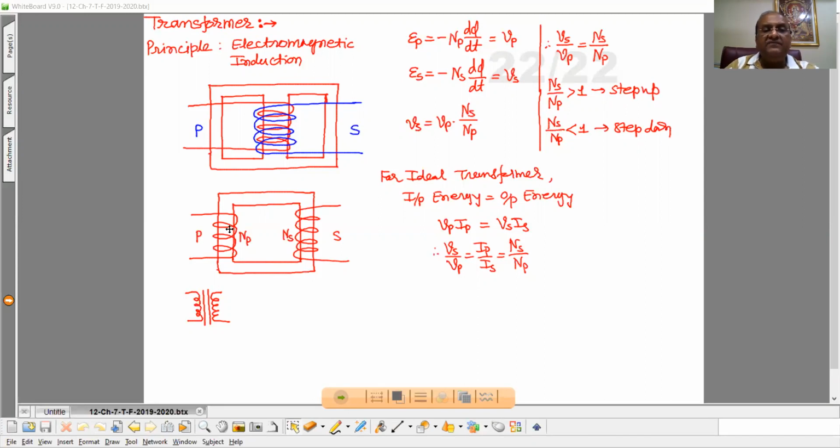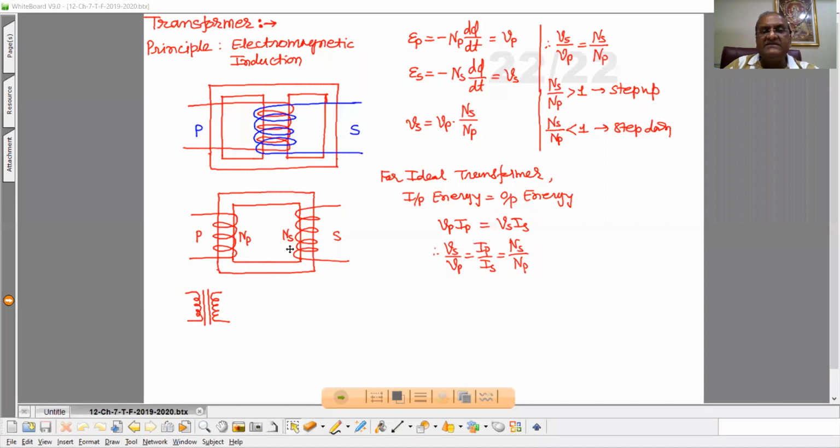So here if the flux associated with the primary coil is changing, then the flux associated with the secondary coil will change also, and therefore across two terminals of the secondary coil, the EMF obtained is Es, that is minus Ns d phi by dt.